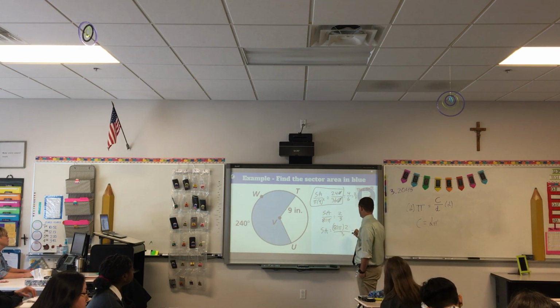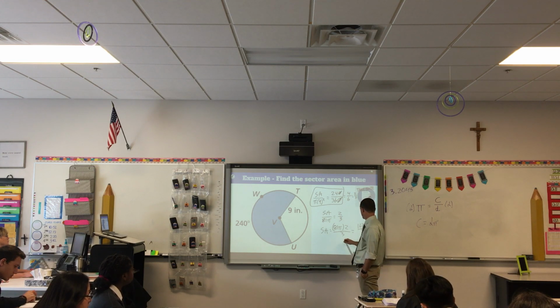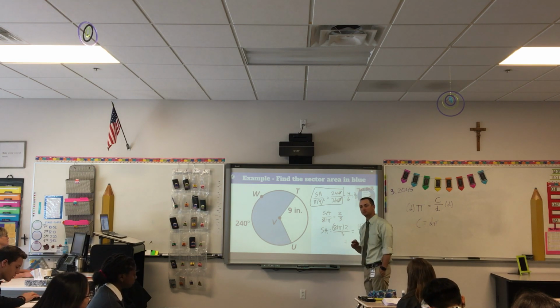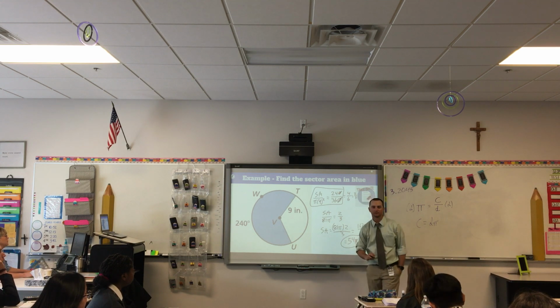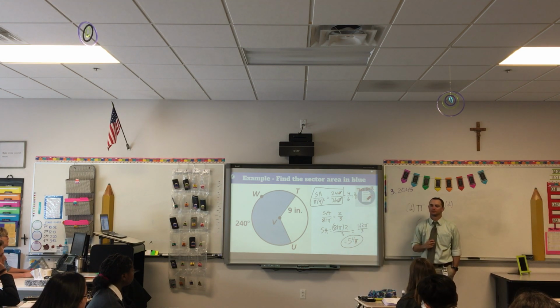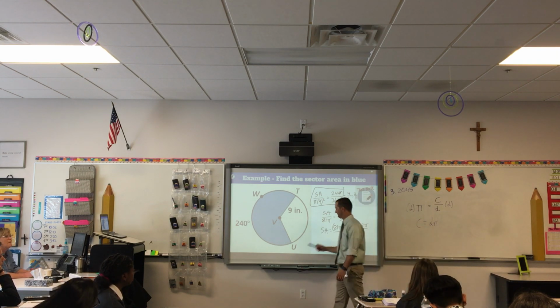And 81 times 2 is 162, and then 162 divided by 3 is 54. That's 54 pi. Cool. Very good.